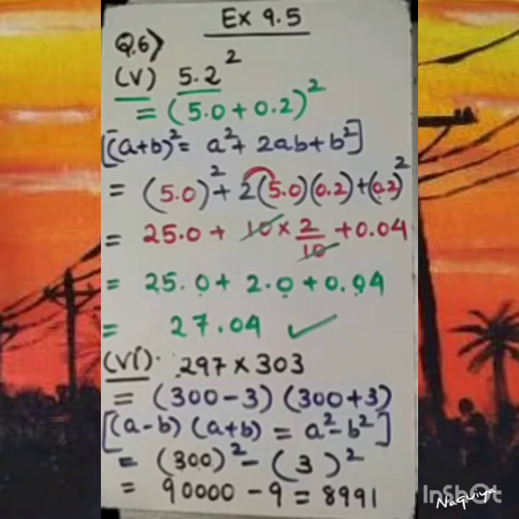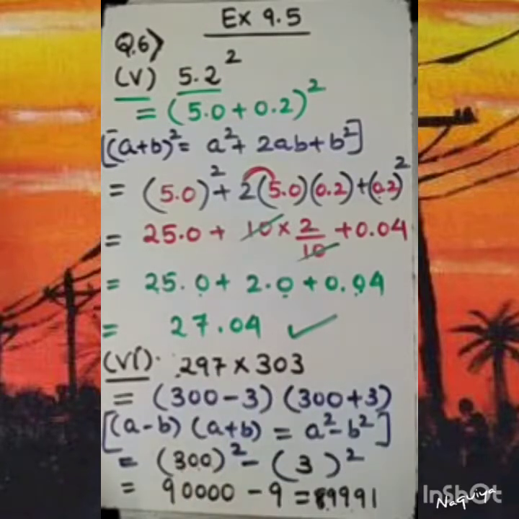This will be the answer. Because 10 minus 9 is 1, then 9, 9, and here I need to write one more 9, and 8 is here. So the answer is 89,991, right? 89,991 is the product of this.